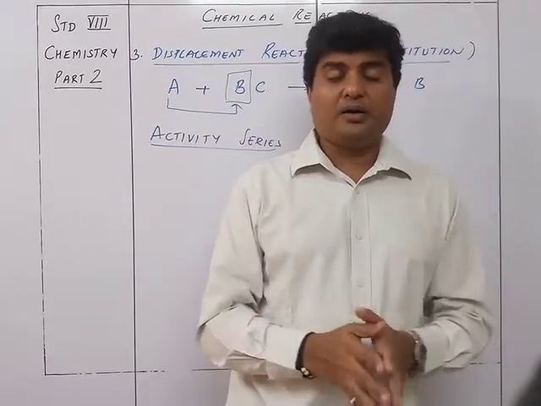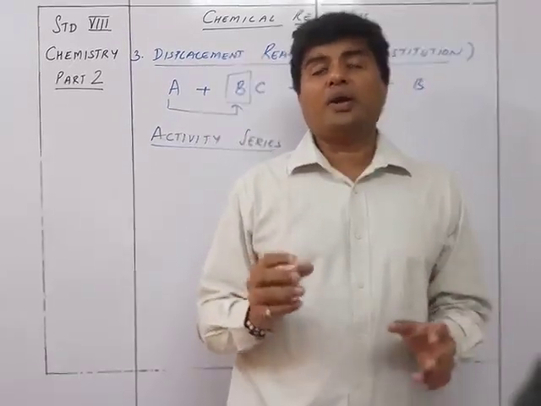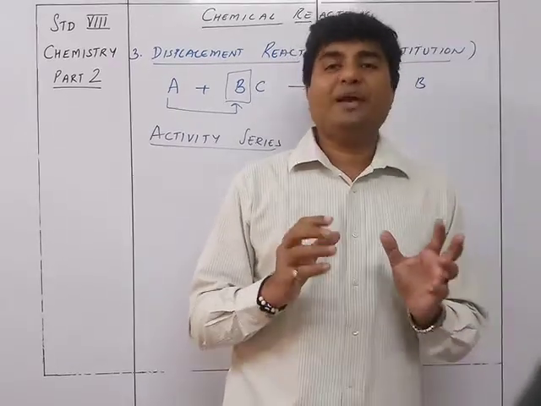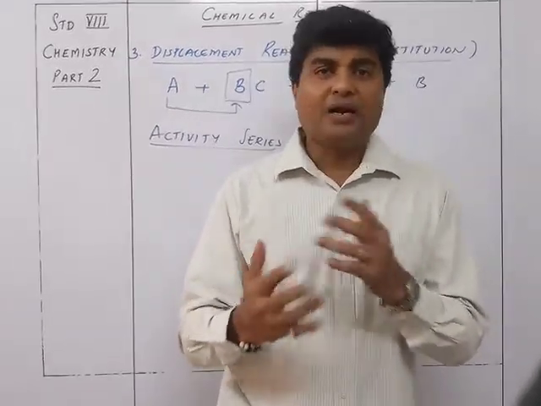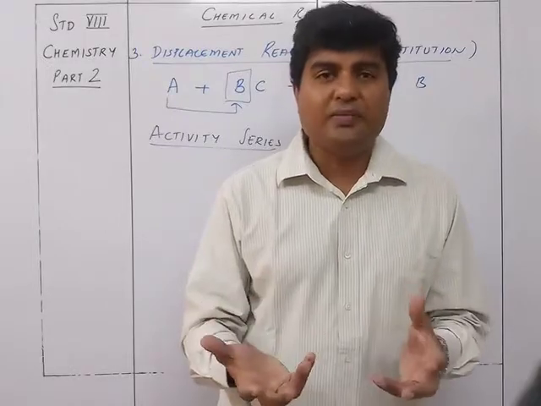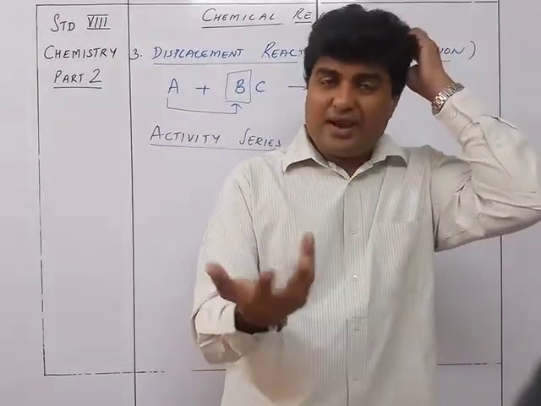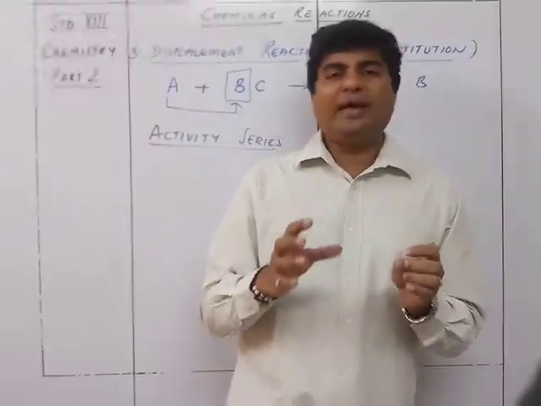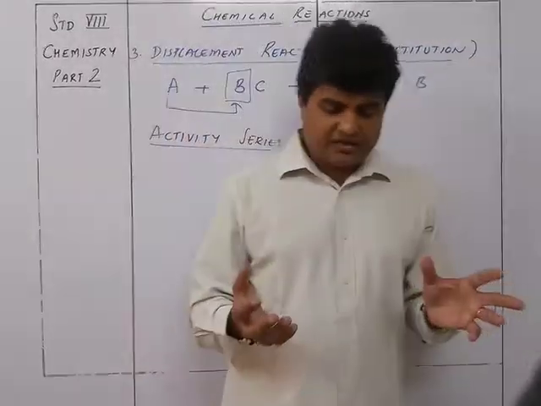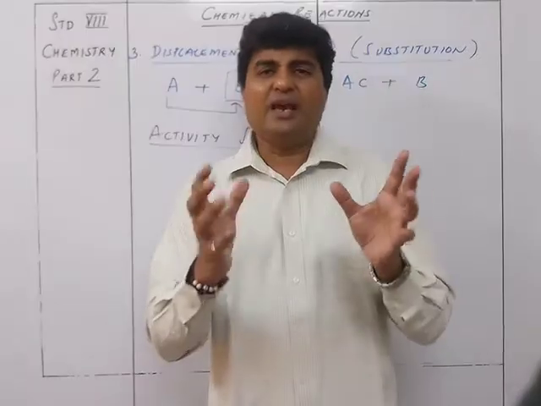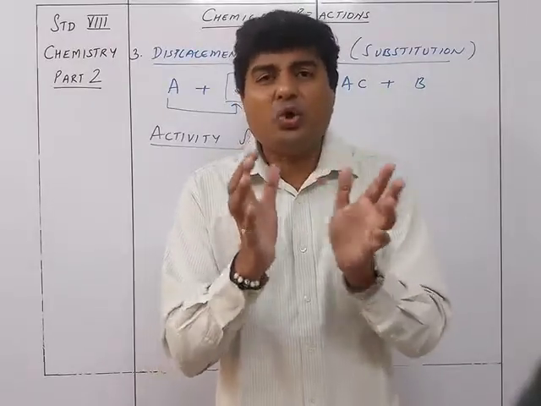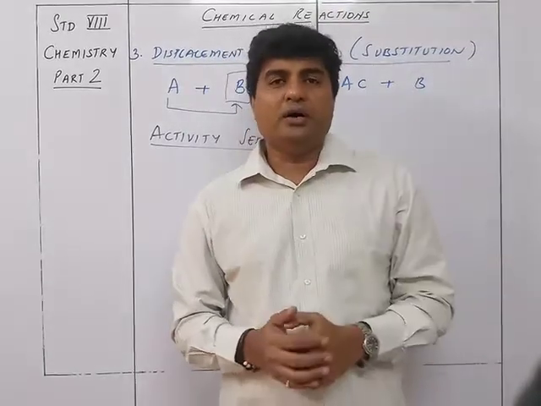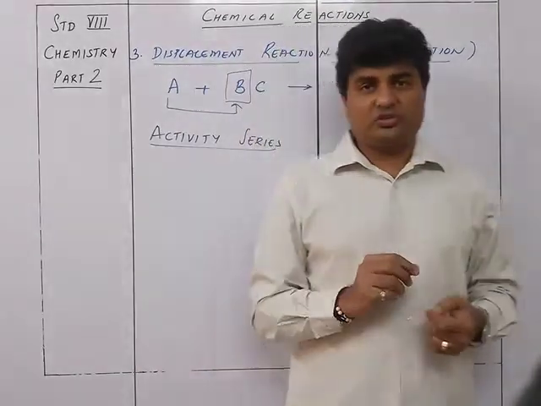We are going to consider only a few metals which are very prominently available or very easily available in the nature, and also the compounds are easily available. तो हम लोग around 10 to 15 such elements we are going to take and rank those elements in the descending order of their reactions.